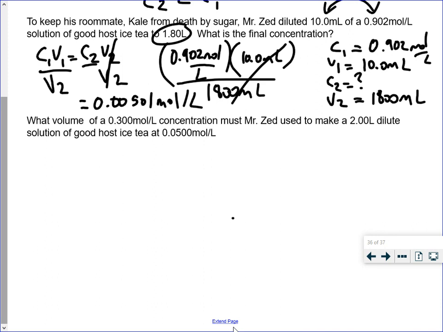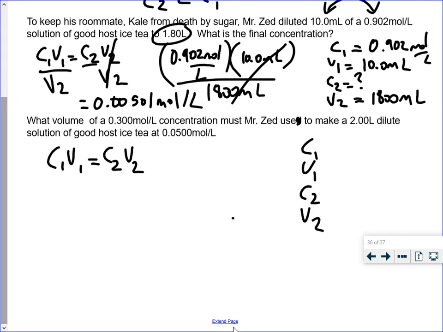What volume of a 0.3 mol/L concentration must Mr. Z use to make a 2-liter dilute solution of Good Host Iced Tea at 0.05 moles per liter? Well, this is a dilution problem, so we're going to use the dilution formula. Let's set up our toolbox.